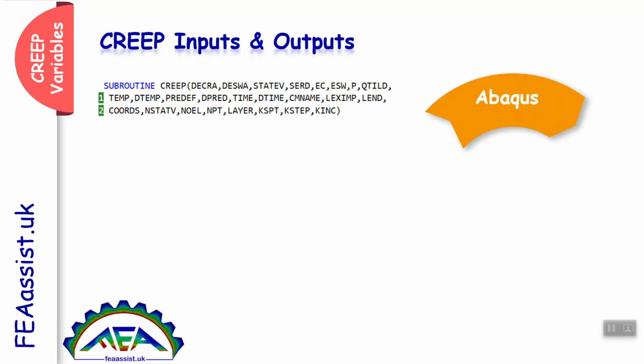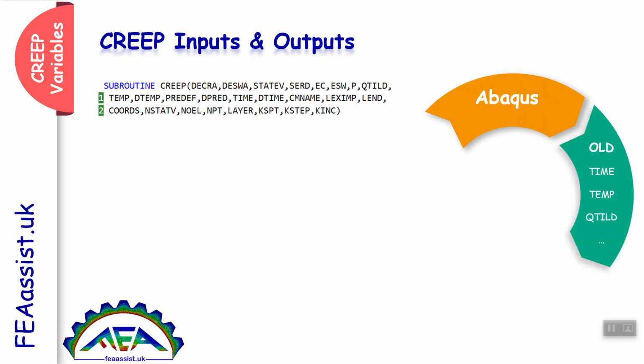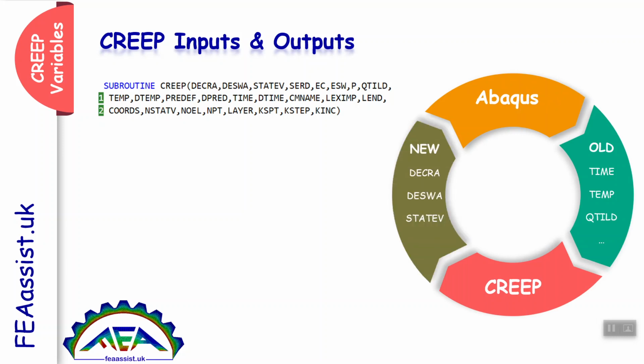Indeed, Abaqus computes the creep variables and transfers the variables, which are time, temperature, and deviatoric stress, into the creep subroutine. In the subroutine, we need to define the creep strains or swelling strains and the state variables, and return them back to Abaqus.